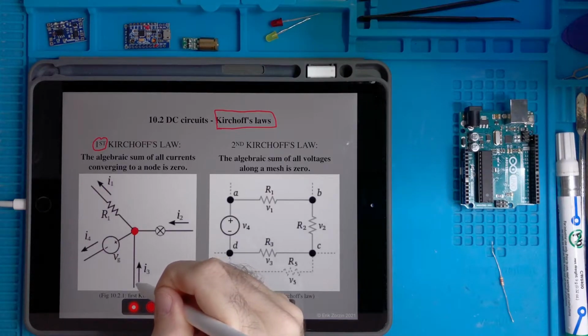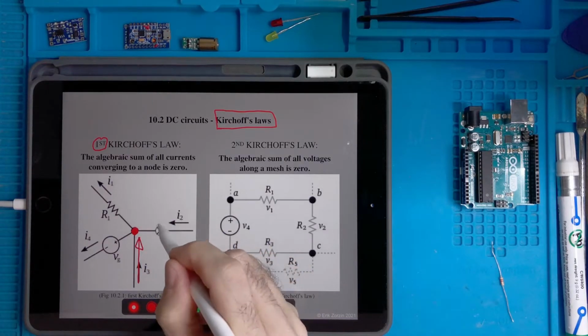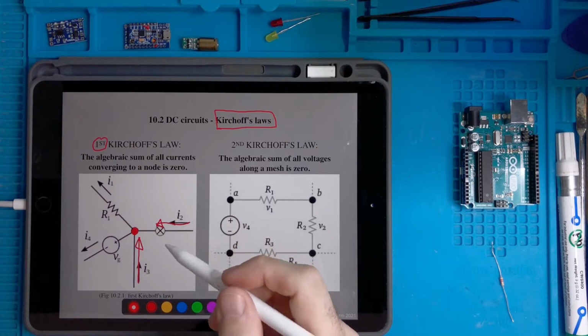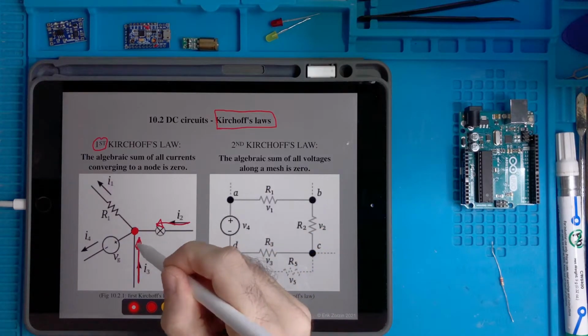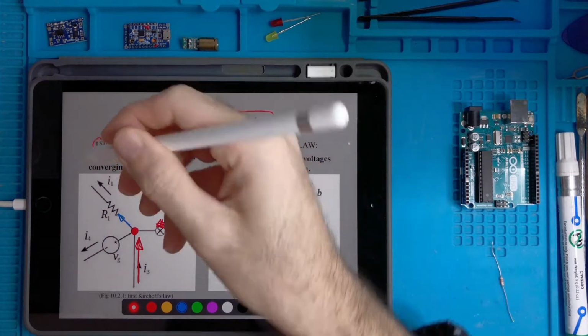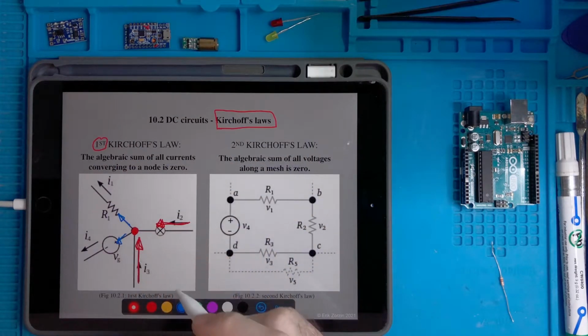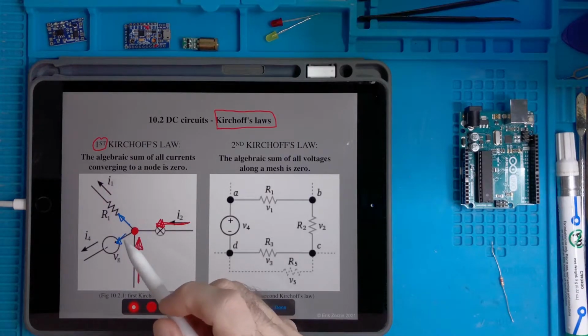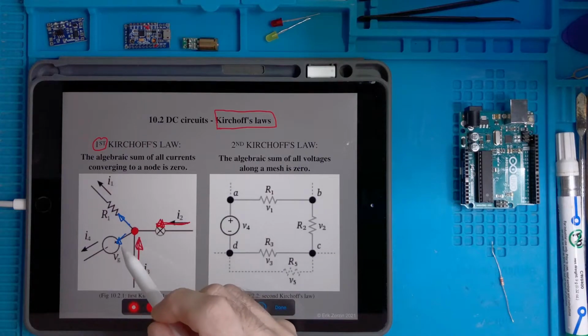So if there is a current moving in and another current moving in, the algebraic summation, it means that this plus this has to be equal to that plus that, or algebraically the summation of the currents taking into account their direction should be 0.